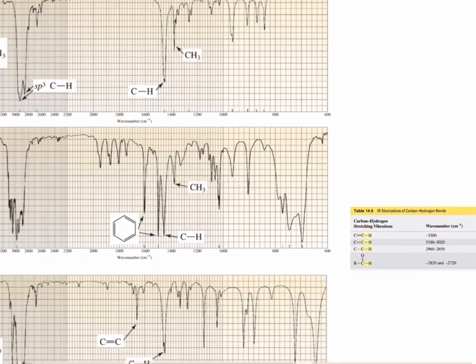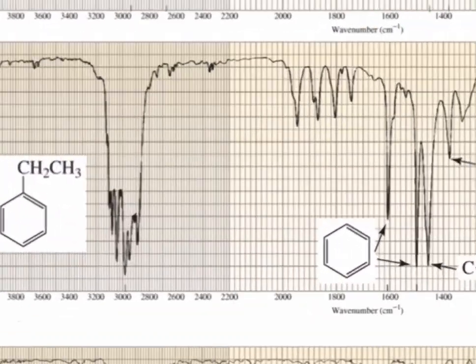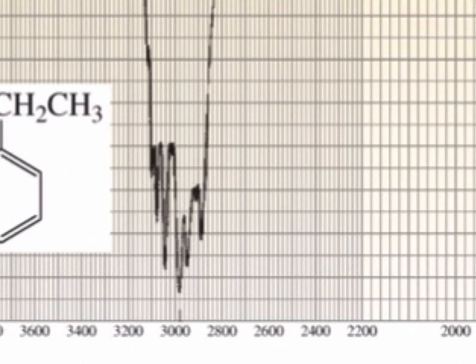Because when you look into the values here, the sp2 carbon-hydrogen stretching vibrations are between 3100 to 3020, whereas for sp carbon-hydrogen stretch, it's going to be around 3300, right? So here, this is definitely lower than the 3300. So we can take these absorption bands corresponding to the sp2 carbon-hydrogen stretch.